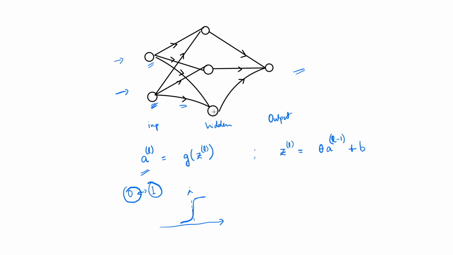It is commonly used. It just scales the output to be between 0 to 1. So it is a logistic function. This is given by g of z that we wrote earlier, and 1 over 1 plus e to the power minus z.